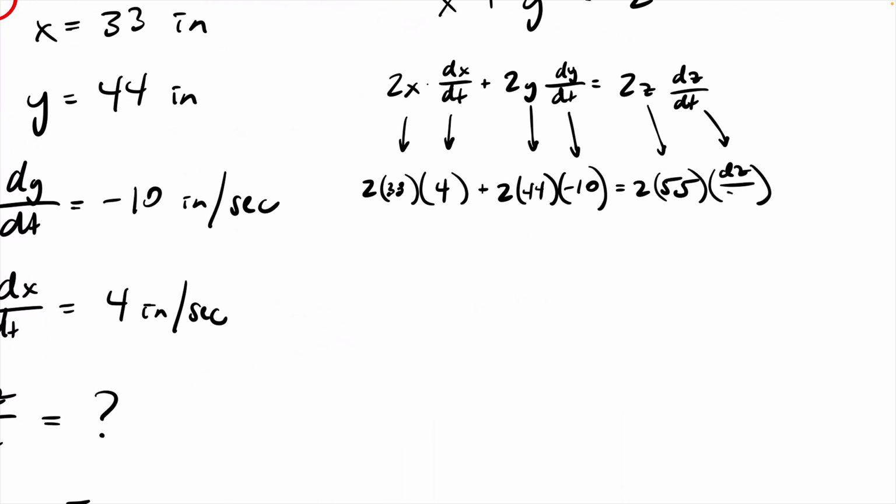dz over dt, I have one variable, which is fine. Now multiply, add, multiply, solve for dz/dt. First, when I multiply 2 times 33 times 4, I'm going to get 264.